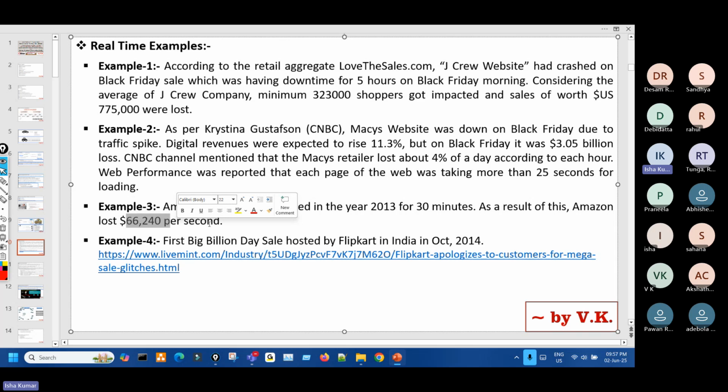If you want to understand this in very simple language, suppose Swiggy or Zomato is there, and people are ordering food. Let us say per hour Zomato is making 1 lakh profit. I'm saying only profit, not the other thing. It's making 1 lakh per hour. This is just an example, not a real figure.